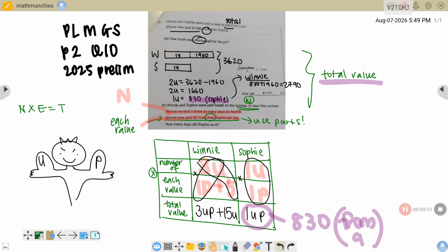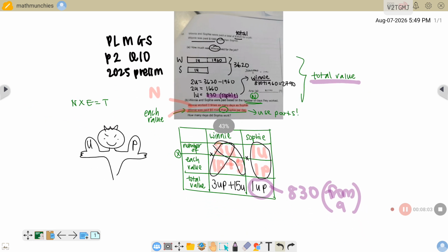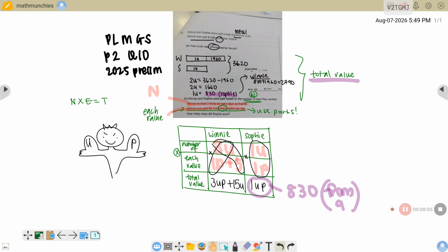Then what else? From me, Winnie is 2790 from A, right? So this whole thing is 2790 from A. Go, fill it in. This one is highlighter. Highlight the top, but for the bottom, don't write in highlighter. Write in purple pen.